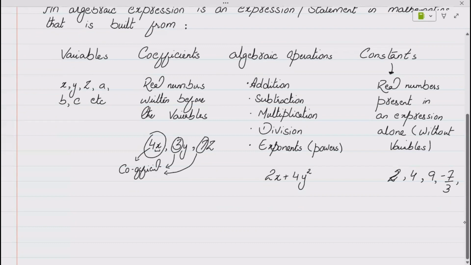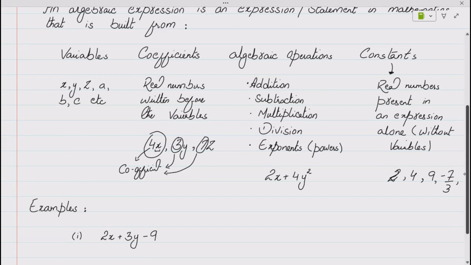Right? Now, let's see some examples of algebraic expressions, and you will know the above building blocks easily then. So, the first example is 2x plus 3y minus 9. So, this is an algebraic expression.